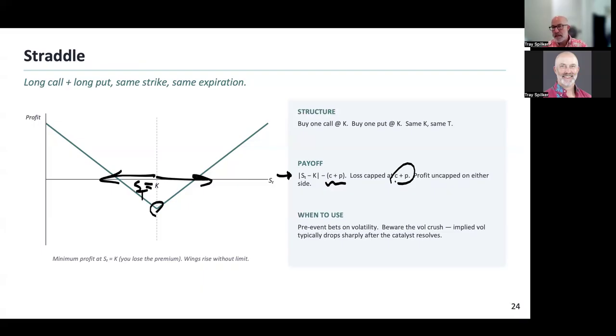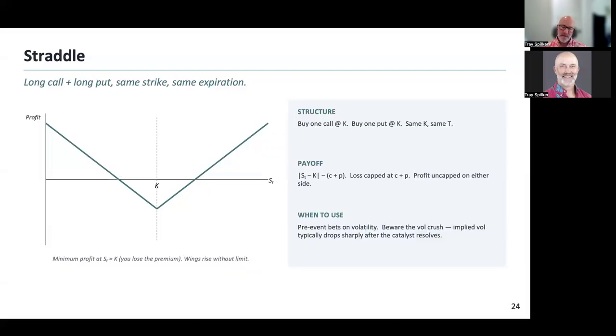Typically, the way I've seen this used before is before binary events, like for a biotech company waiting for an FDA approval for a drug, or an earnings announcement for highly volatile tech stocks, or maybe even a board vote on a mergers and acquisitions decision, right? So these are situations that are kind of binary in outcome here.